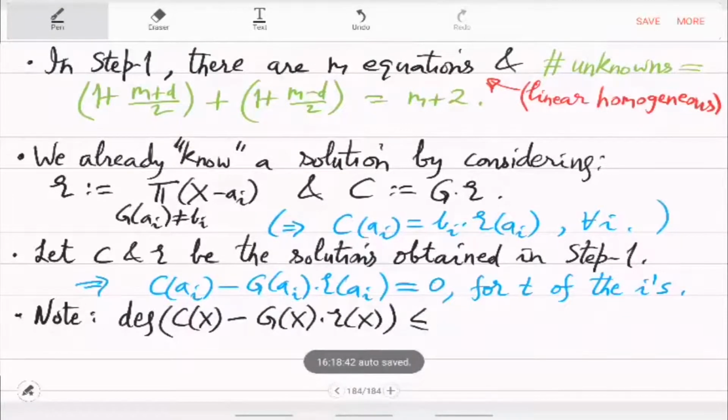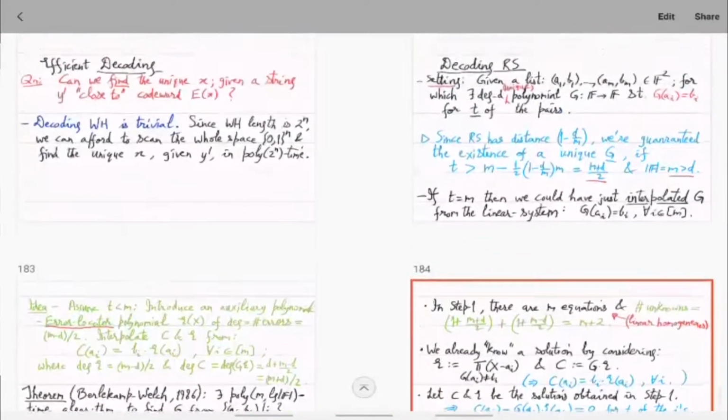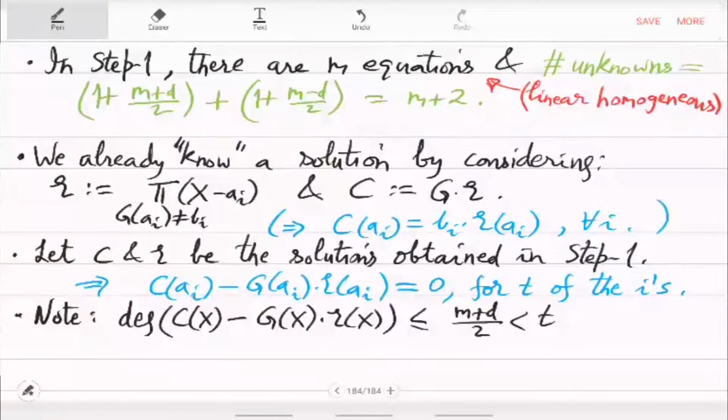So it is at most m plus d by 2, and we have taken t to be larger than that. What t did we take? Greater than m plus d by 2. So the degree of C minus G times E is smaller than t, but the above statement says that this polynomial vanishes for t of the i's, which means that this polynomial is 0.